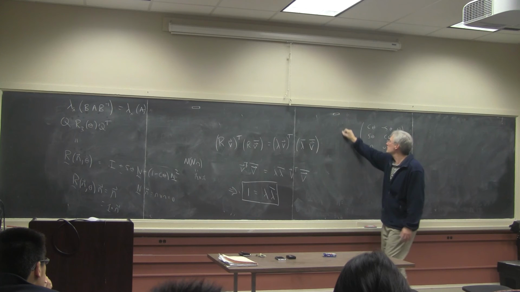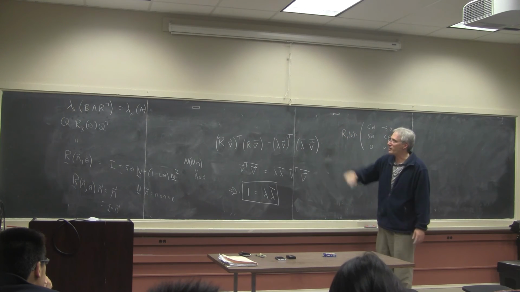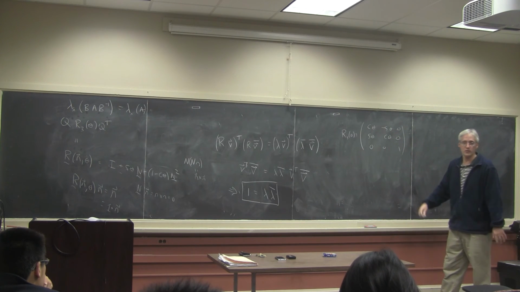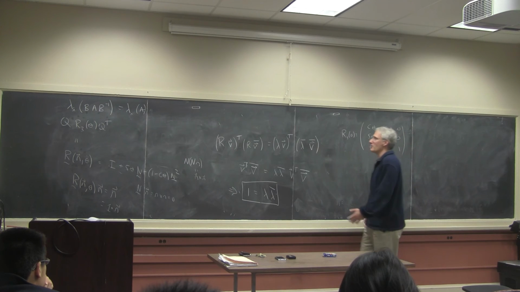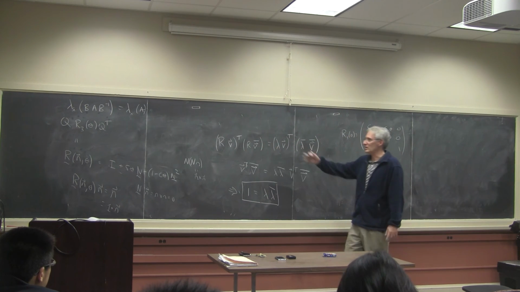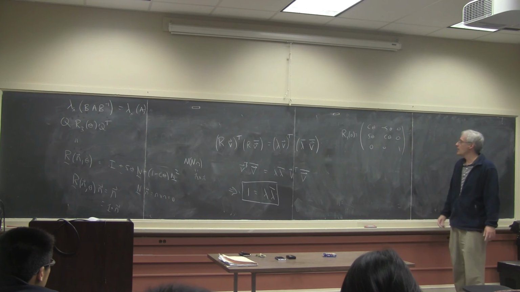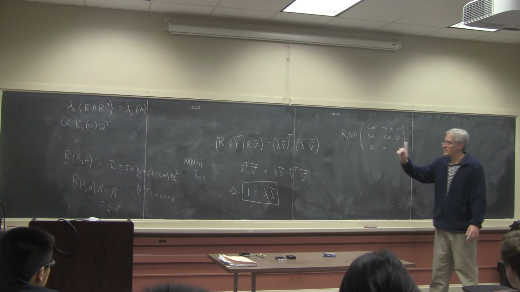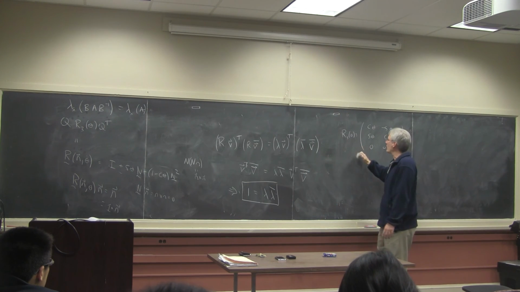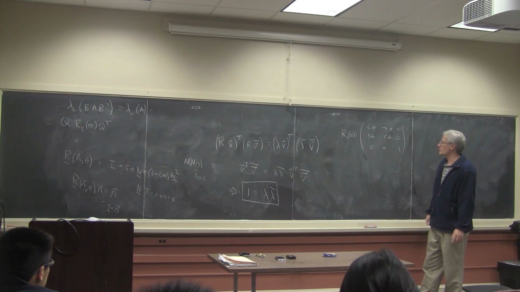By my argument over there, the eigenvalues of any rotation matrix are the same as the eigenvalues of R3 of theta, because the Q doesn't matter when it comes to calculating eigenvalues. It does matter when it comes to calculating eigenvectors, but that's not the question here. The question is, what are the eigenvalues of a rotation matrix?